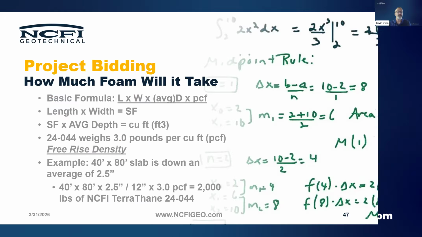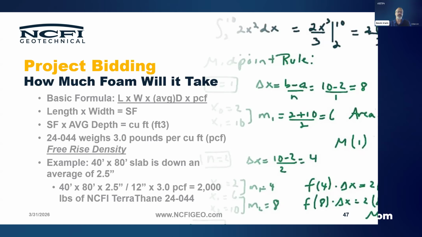So I need square feet first, right? How many square feet am I working in? And then across that area, what is the average void space or lift that I'm going to need to have across that entire area? That's sometimes hard to determine, but we'll look at that as well.